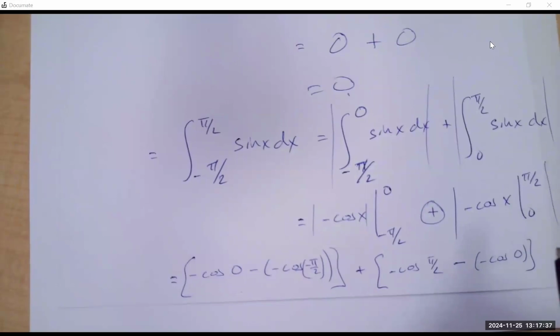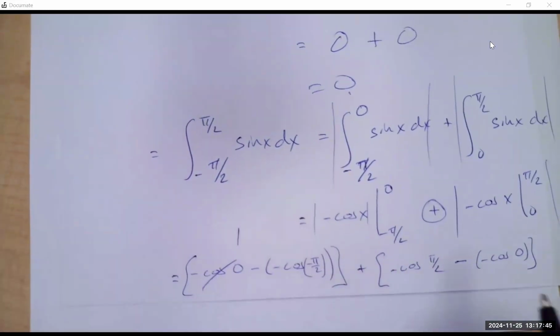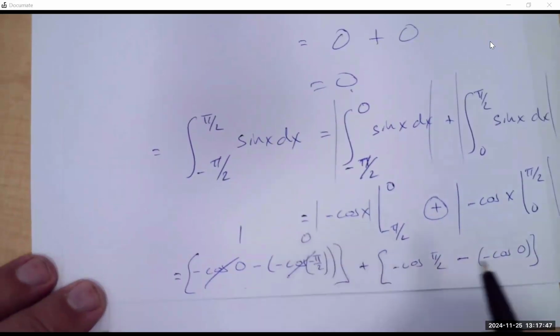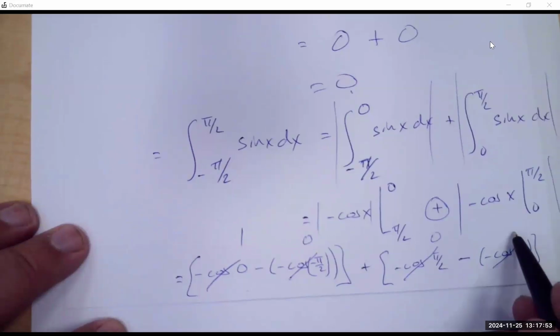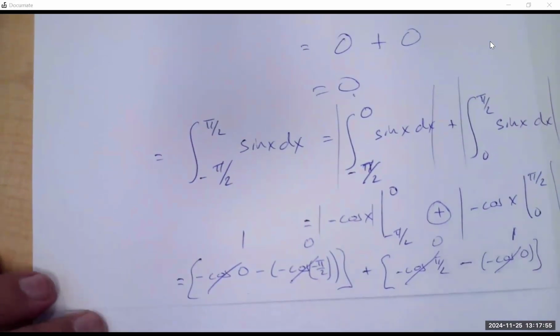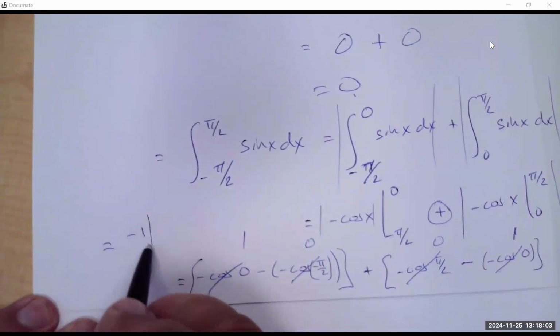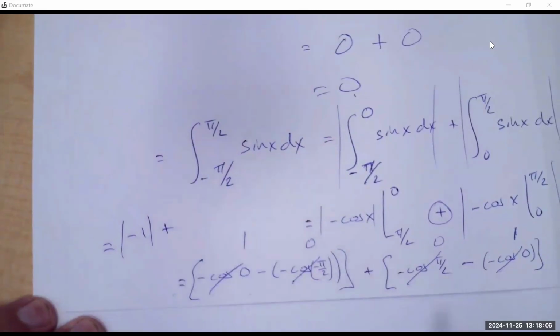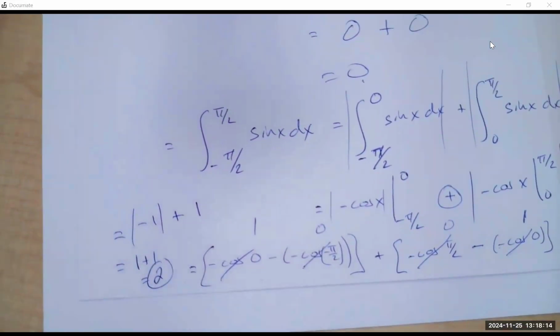What is cosine 0? 1. Cosine pi over 2 is 0. Cosine of 0 is 1. So on this left side, I have negative 1, take the absolute value of that, and this positive 1. So it's 1 plus 1 equals 2. That's my area under my curve.